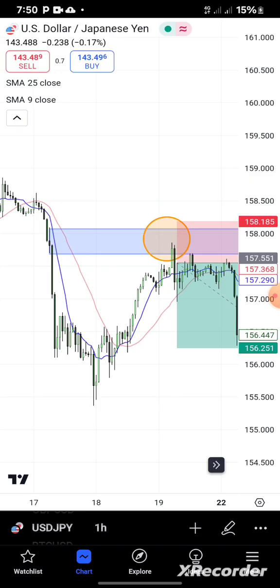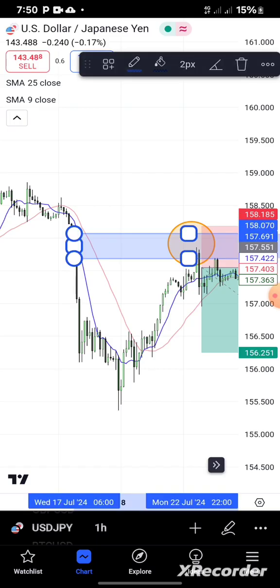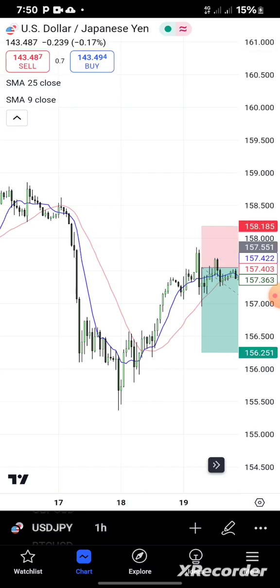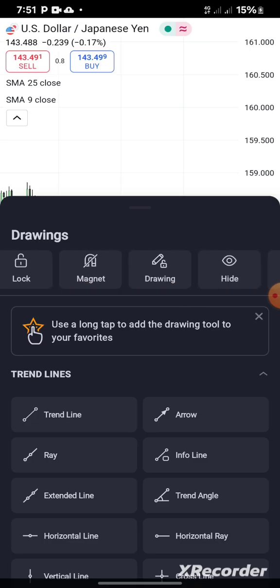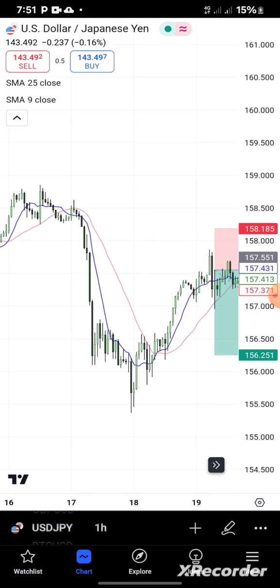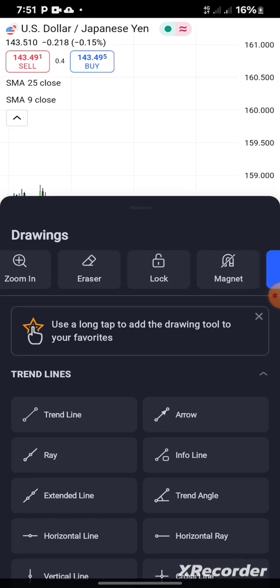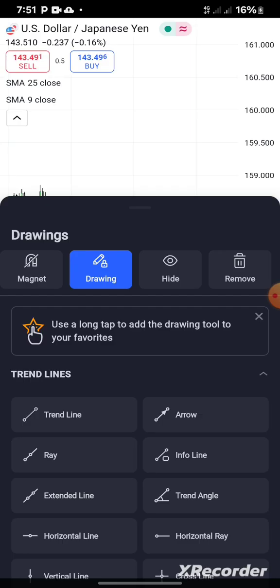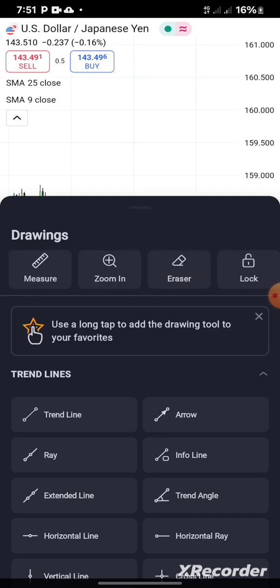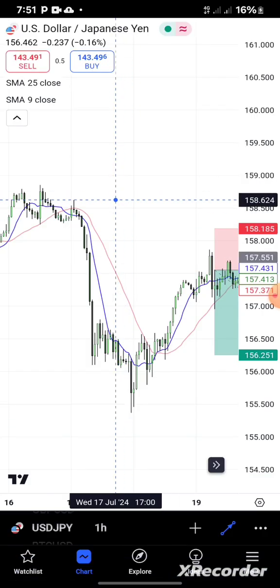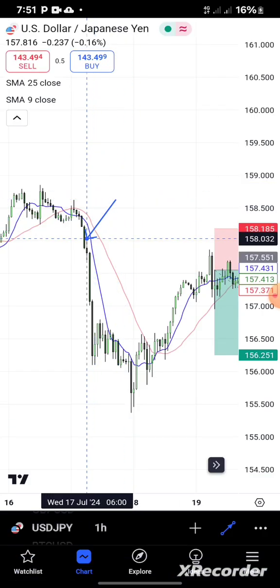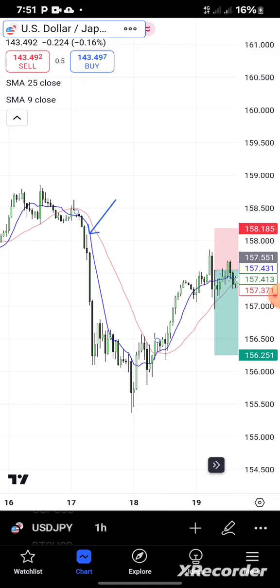You see what brings this reaction to make it our supply zone. Let me first delete everything. You see this zone right here. What brings that zone?